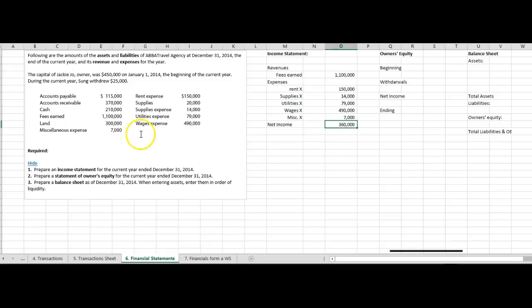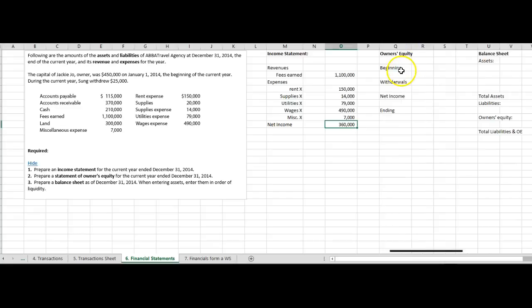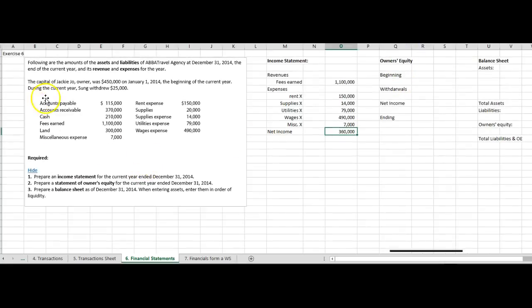Now I need to balance this all. So to be able to balance it, I need to take my beginning owner's equity, which they tell me was $450,000. So again, let's turn all of this into commas. So this is $450,000.